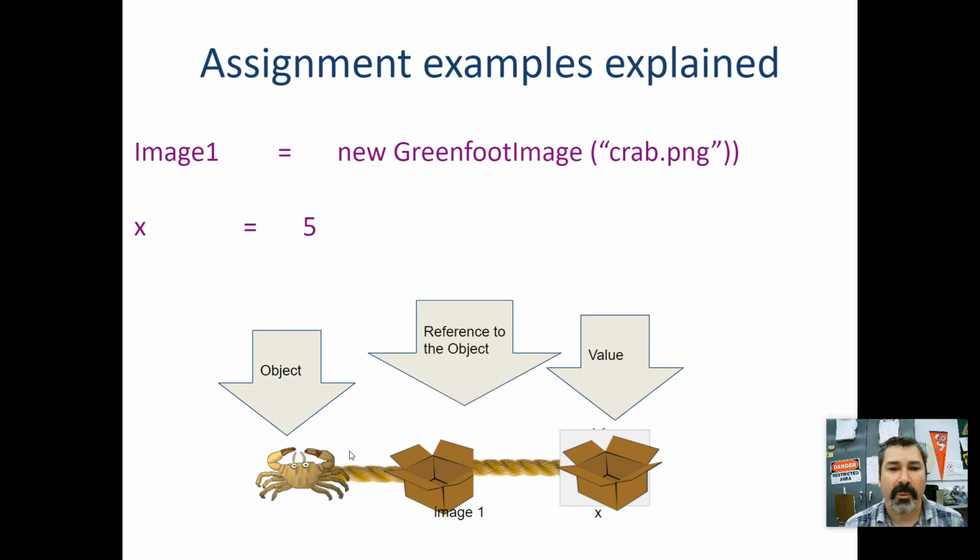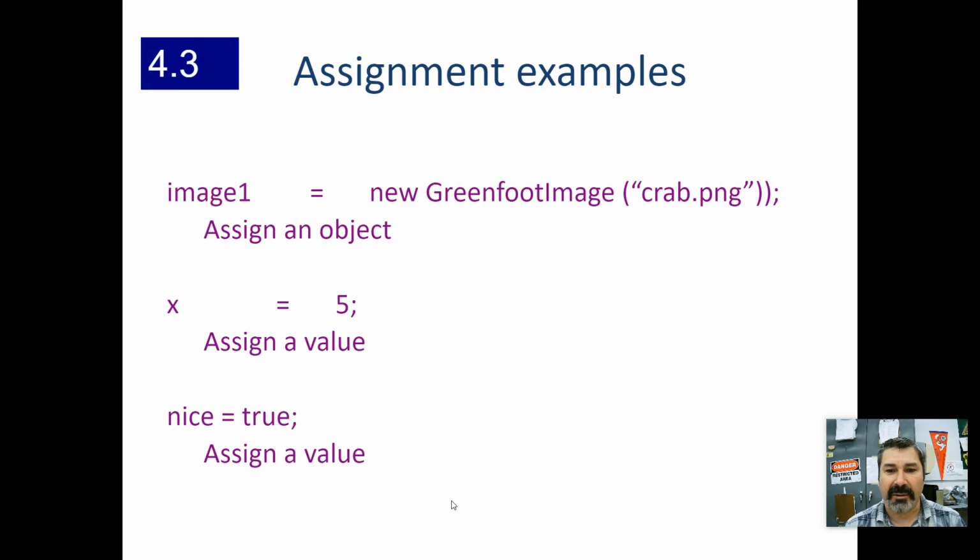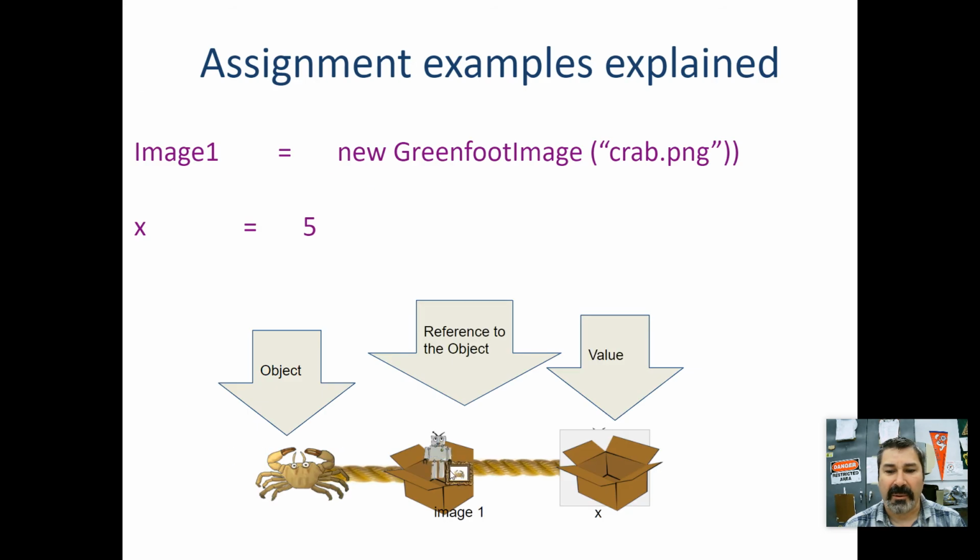All right, so we already created our image1, and let's say we created a box called x. If we say image1 equals new Greenfoot image crab.png, we're basically putting a reference to the object in the box. If we say x equals 5, we're actually putting the 5 in the box.